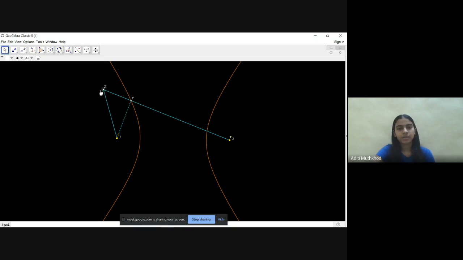But if you take some x in this region or in this region, like in the ellipse and parabola cases, where inside the ellipse the constant sum was less inside and greater outside, can you guess where the difference should be less and where it should be greater?